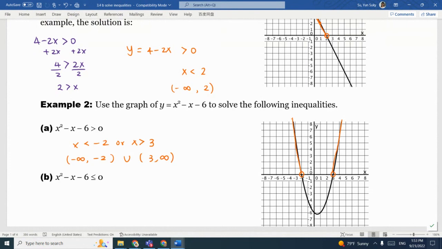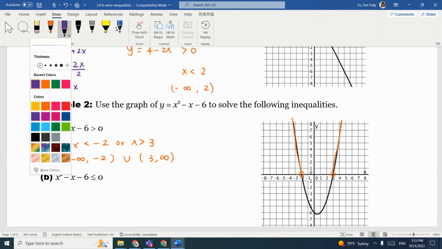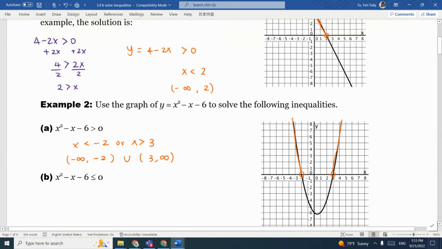Okay, how about part B? Less than or equal. Well, y value less than is below the x-axis, right? Or equal means it intercepts the x-axis, right? So in this case, you put a closed circle and a closed circle here.